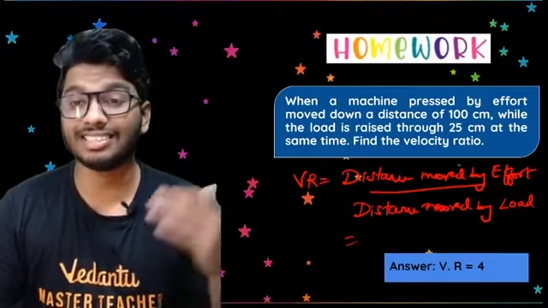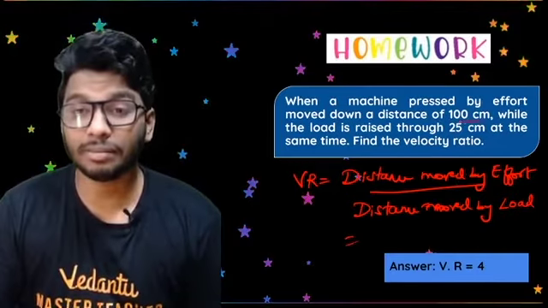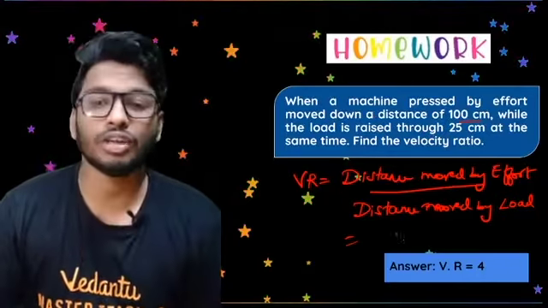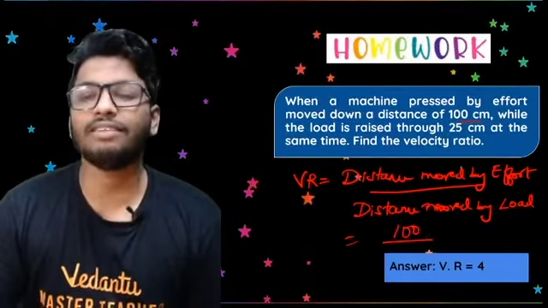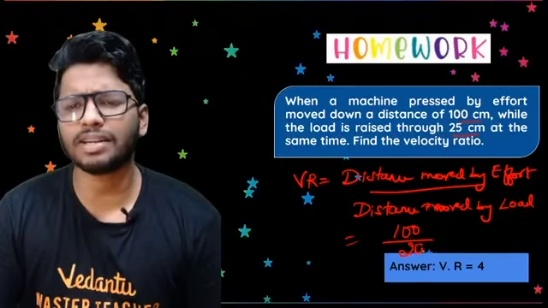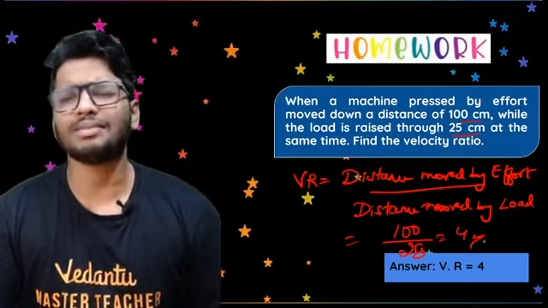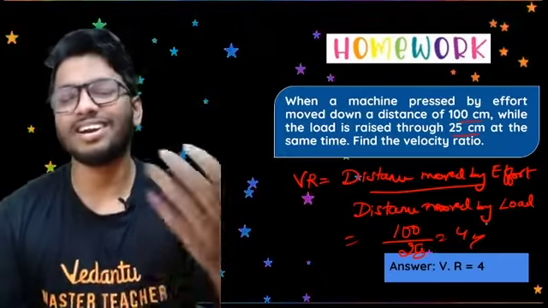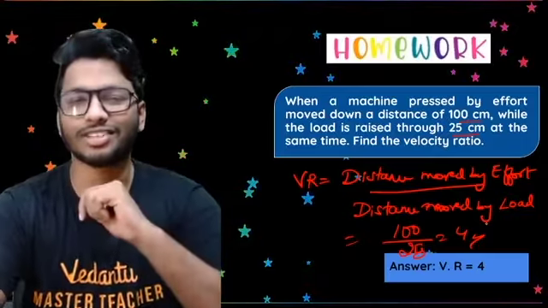The effort distance is basically 100 centimeters, because the machine pressed by the effort moves down a distance of 100 centimeters, so that will be the distance of the effort divided by the distance of the load, which is 25 centimeters. So divided by 25, as simple as that. You'll get the answer as 4. The answer to this question is very straightforward. The velocity ratio is nothing but 4.